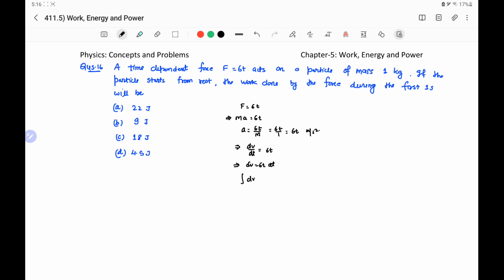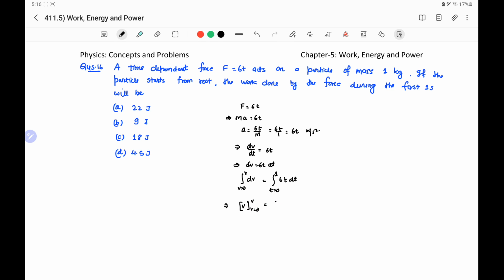Integrating both sides, integral dv equal to integral of 6t dt, and time is from 0 to 1 second, and initially object is at rest, so velocity will be initially 0 and then finally is v. So integral of dv is v with limit v equal to 0 to v.